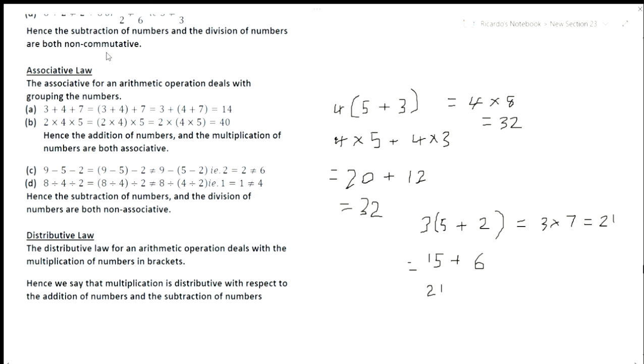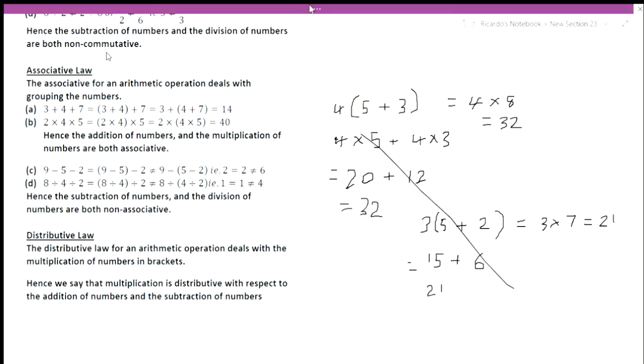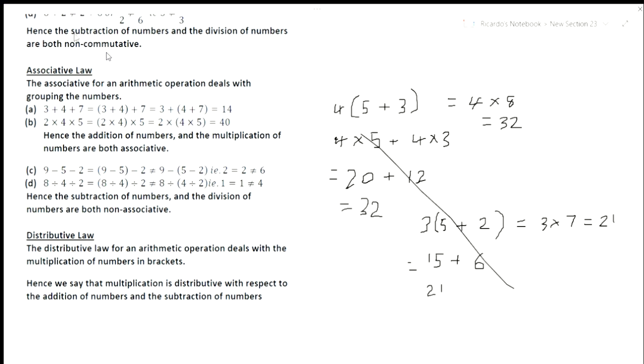So hence, we say that multiplication is distributive with respect to addition of numbers as well as subtraction of numbers. Let's do another example with a subtraction in it, because we don't want somebody to say that it's only addition we do. It can work with addition, but it also works with subtraction. I'm just erasing this one to give me some space.